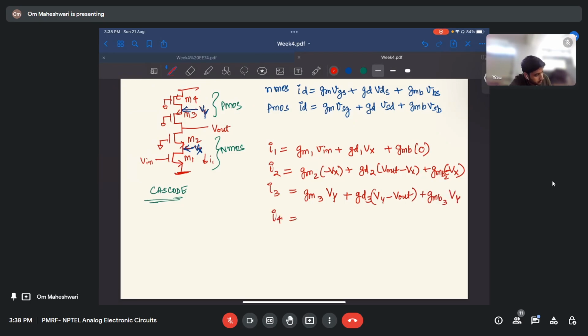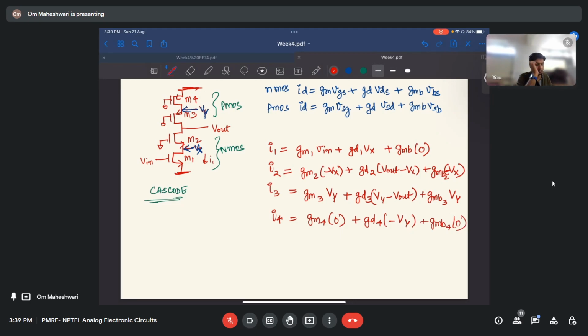I4 is GM4 into 0. This is ground because this is VDD and AC ground. This is also ground. So it is 0 plus GD4 minus Vy plus GMB 0.